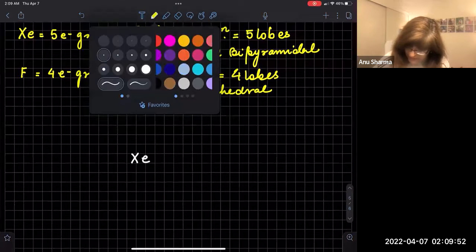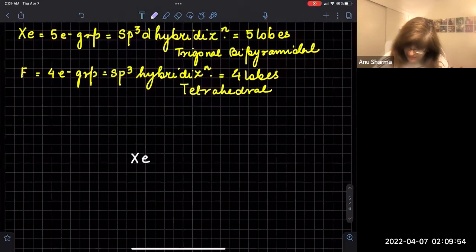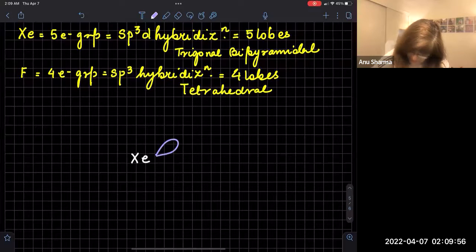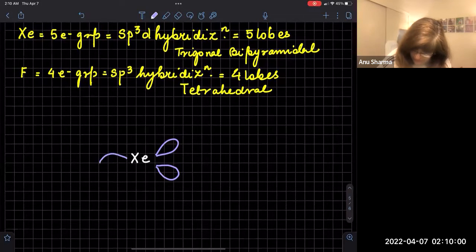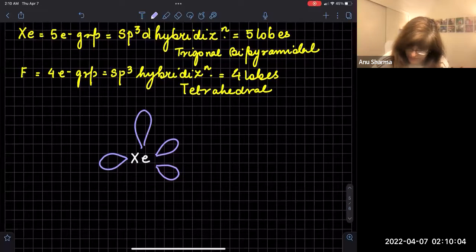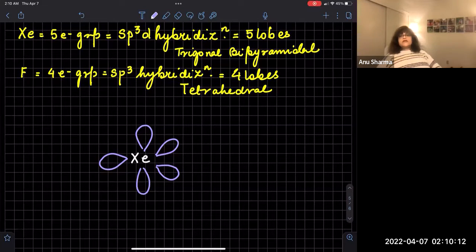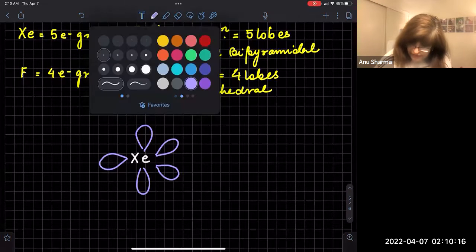Here is one lobe in one direction, another lobe in another direction, the third lobe in a third direction, and then one lobe, this is the pierce. I'm making this bigger, sorry. All of them have to be the same size, somewhat like that.